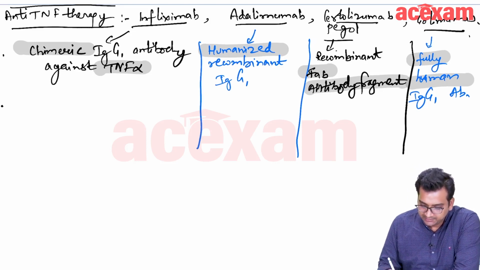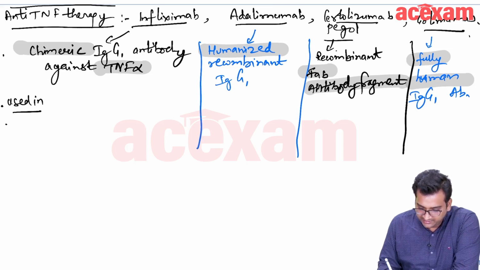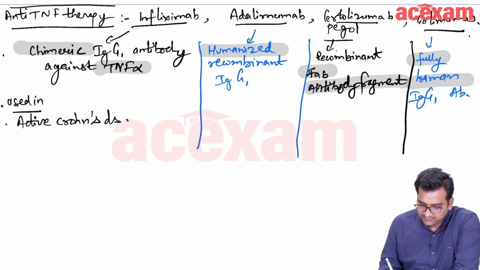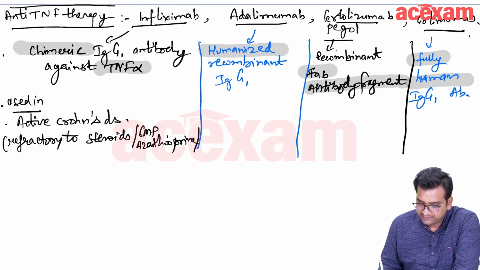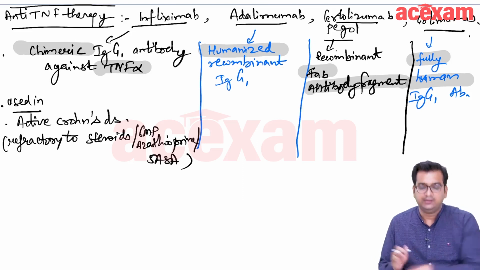Now this infliximab is used in active Crohn's disease, which is refractory to steroids, 6-mercaptopurine, azathioprine, or 5-ASA agents. Okay, this is obvious.